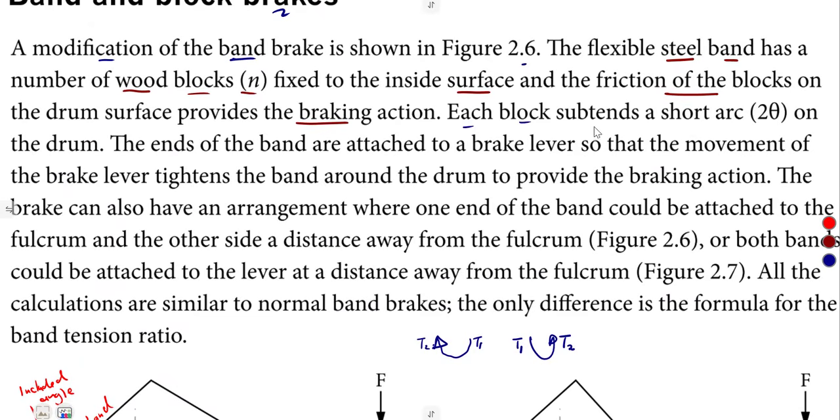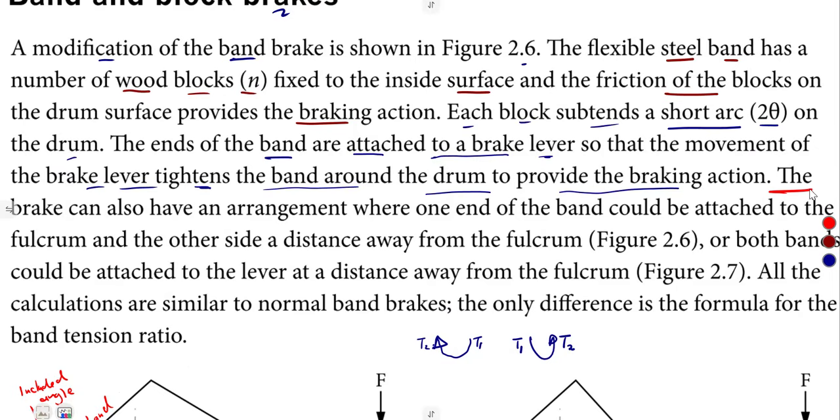Each block subtends a short arc 2 theta on the what? On the drum. That is our included angle. Then the ends of the band are attached to a brake lever so that the movement of the brake lever tightens the band around the what? The drum to provide the braking action.